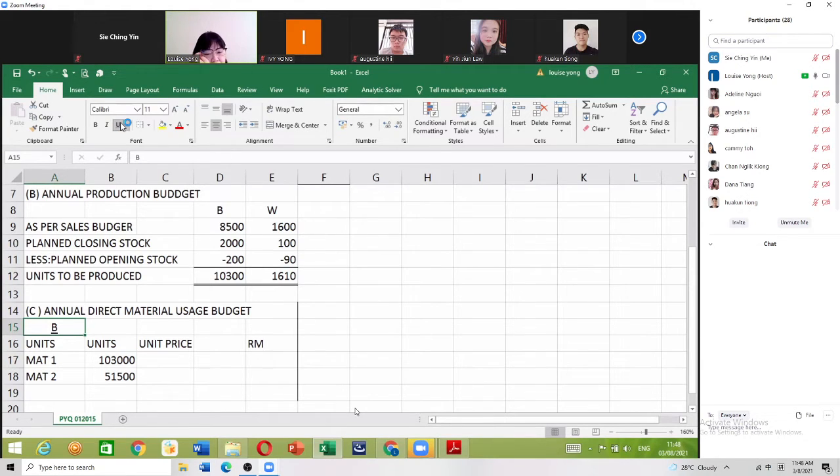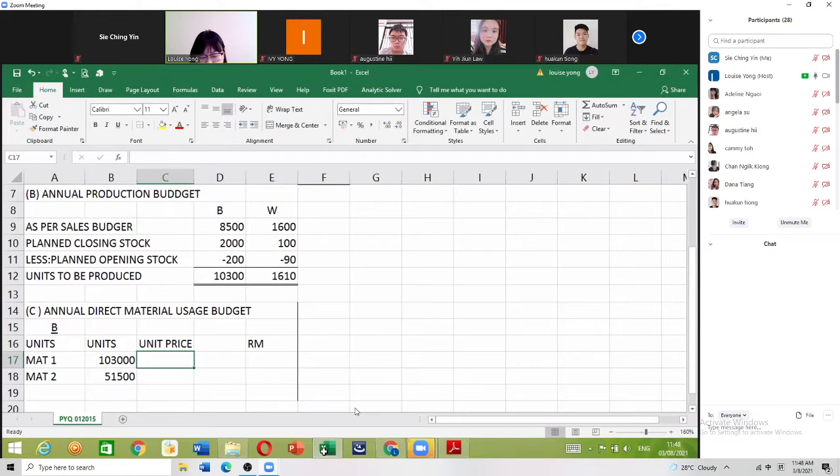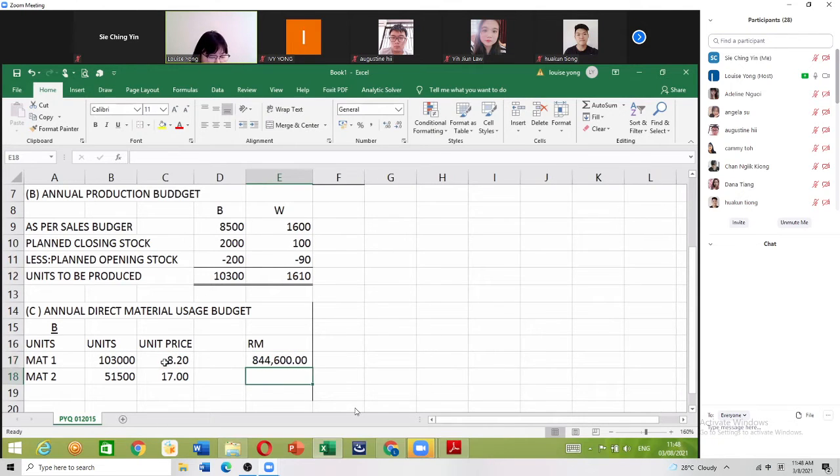What are the unit prices? Unit price $8.20 and $17. Then multiply the number of units by the unit price and you'll get this.